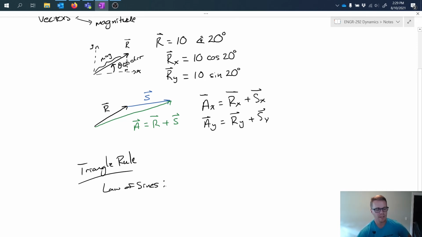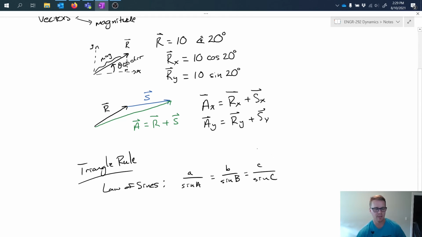The law of sines is useful because it gives us more information about these three vectors that I maybe don't have from the start. The law of sines, written mathematically, is a over sine A equals b over sine B equals c over sine C. Note that I'm using lowercase letters and capital letters to represent different things.